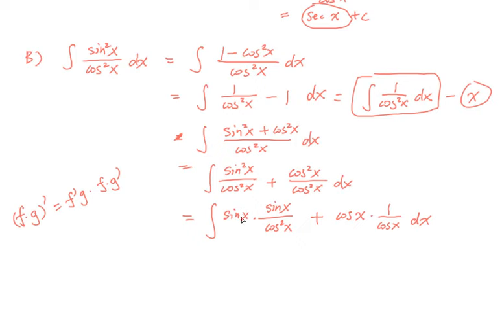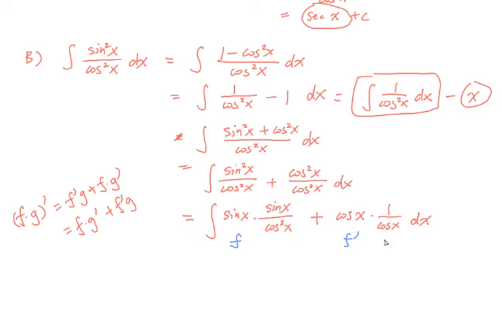If sine of x is our f, then f prime will be the cosine of x.